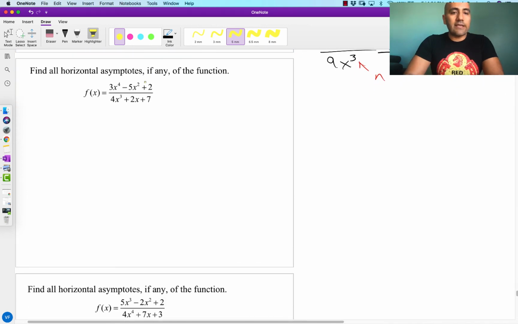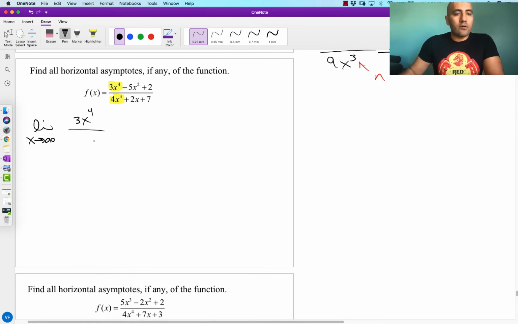Find the horizontal asymptotes, if any, of the following functions. Okay, so what happens here? We have a polynomial in the numerator, a polynomial in the denominator. So all we're going to care about is the first two terms. To consider these, we go off to the side and think about the limit as x approaches infinity of 3x to the 4th power over 4x to the 3rd power.